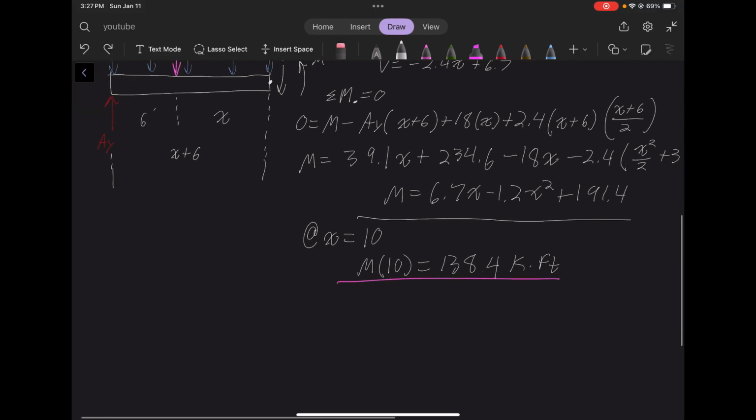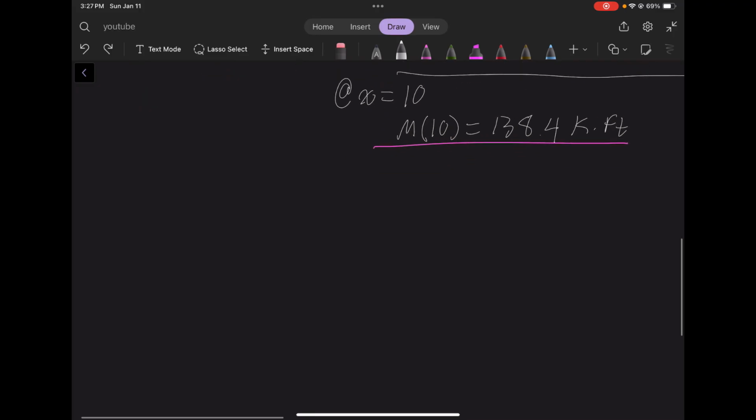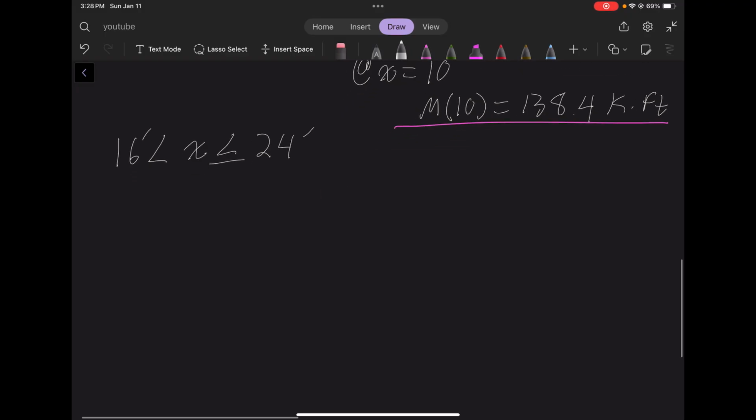Okay, so let's go ahead and do that. So if x is in between 16, oh wait, x is infinitely close to 16. Well, x is in between 16 and 24. Okay, let's just do that now. It's infinitely close to 16 and can be at the end of 24 feet. Okay, so let's go ahead and draw that.